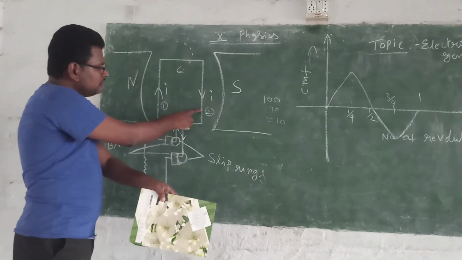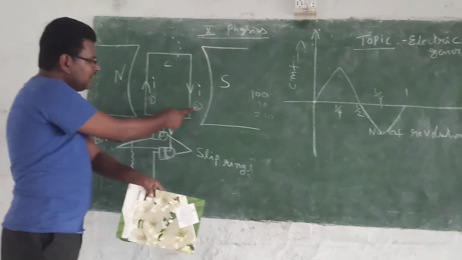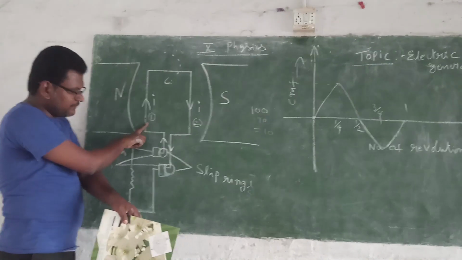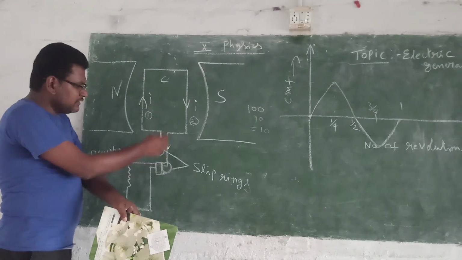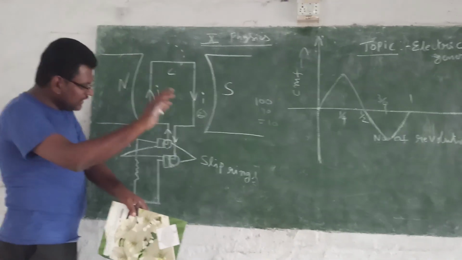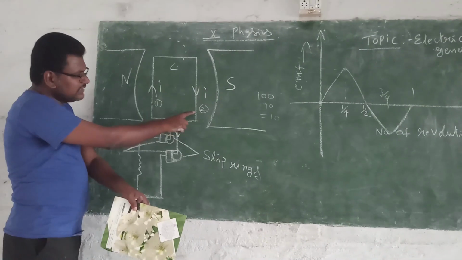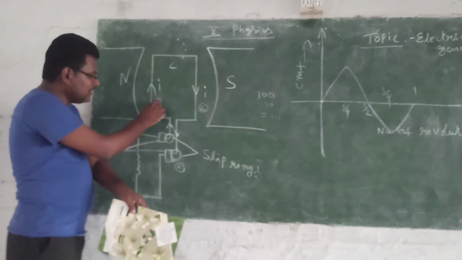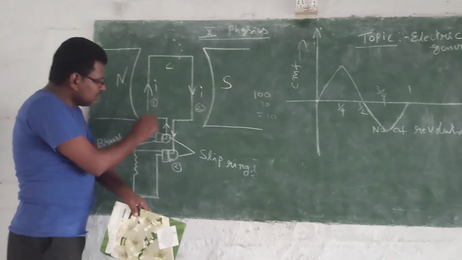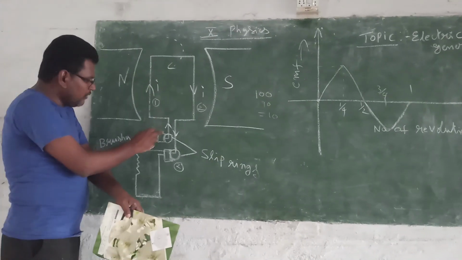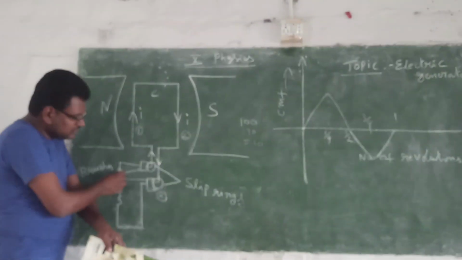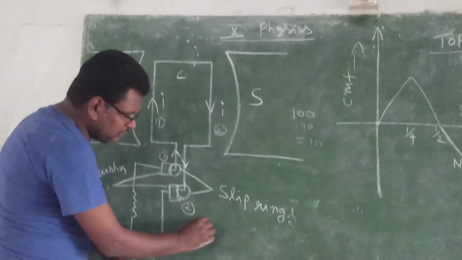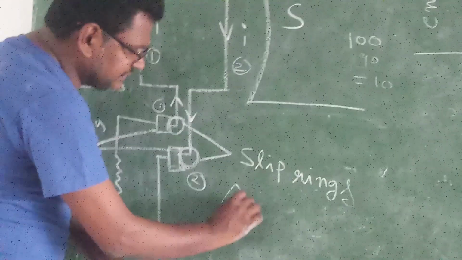This one goes to the position of 2, and 2 goes to the position of 1. In the second half rotation, the second wire is in touch with slip ring 2, and the wire labeled number 1 is in touch with brush 1. That means through this, for the half rotation, the current direction is positive.